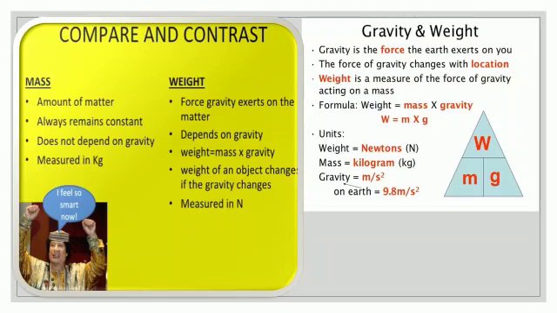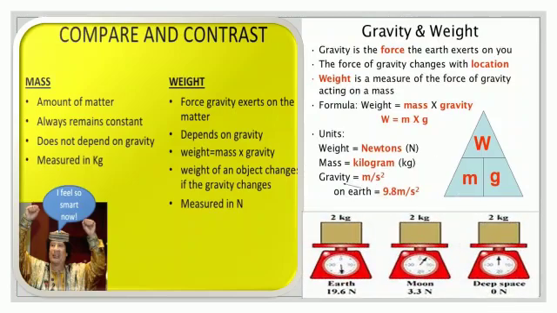So we have the formula, weight is equal to mass times gravity, or W is equal to m times g. Weight is expressed in newtons, mass in kilograms, gravity in meters per second square. Take note that on Earth, the gravity is 9.8 meters per second square.